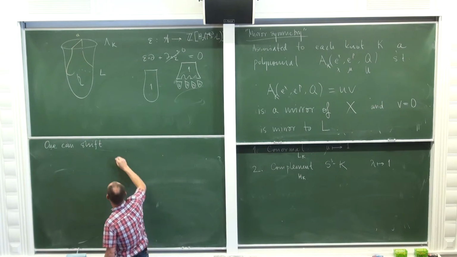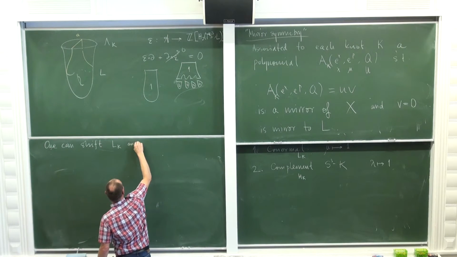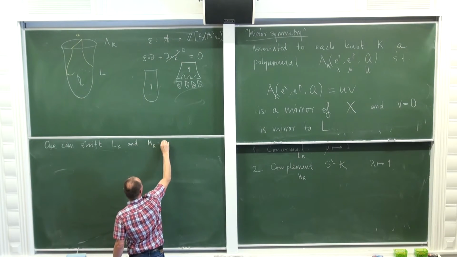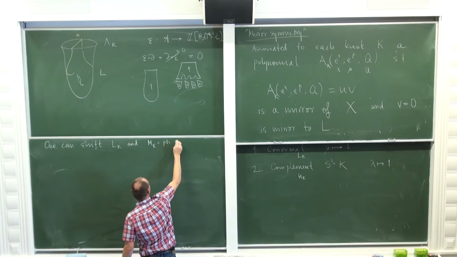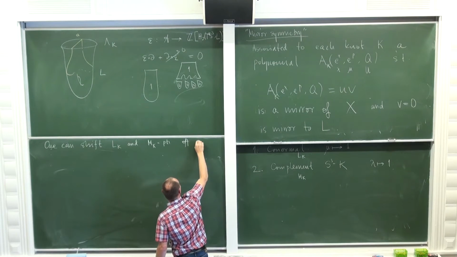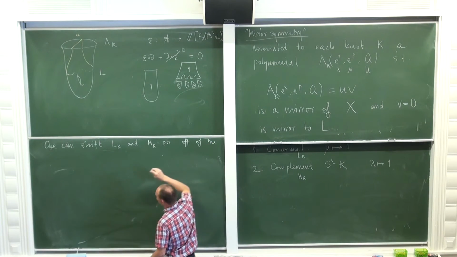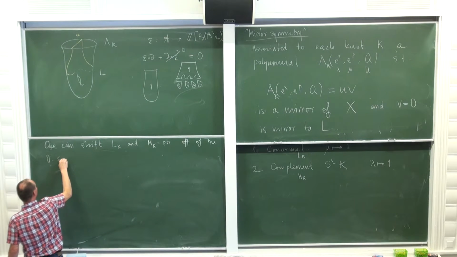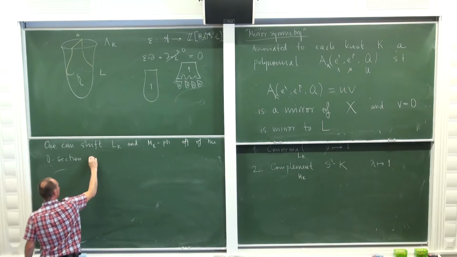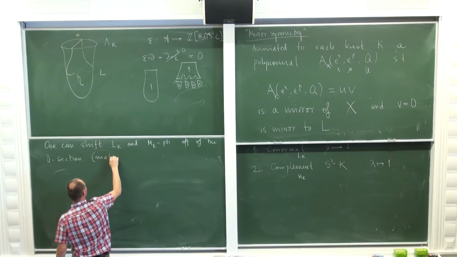One can shift LK and MK minus points, at least, off of the 0 section, making them non-exact.